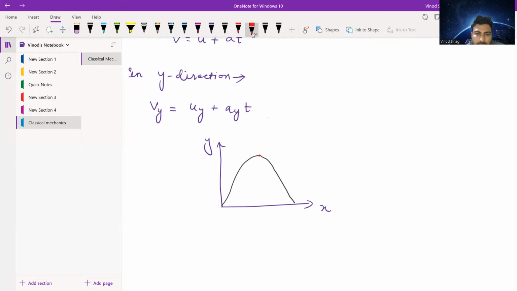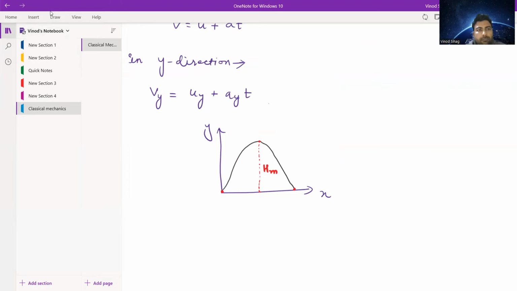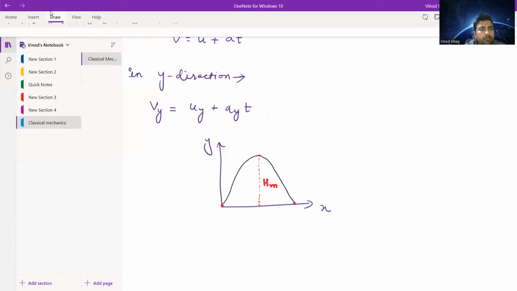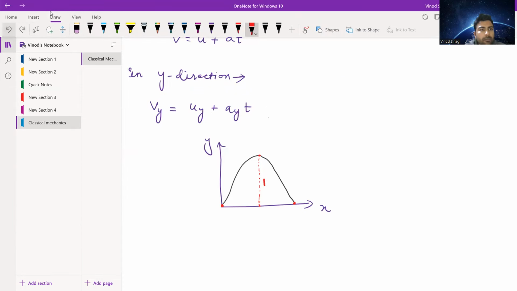First of all, this part, from the initial point to the point of maximum height. So this point will be the maximum height point, and basically it is written as S maximum.